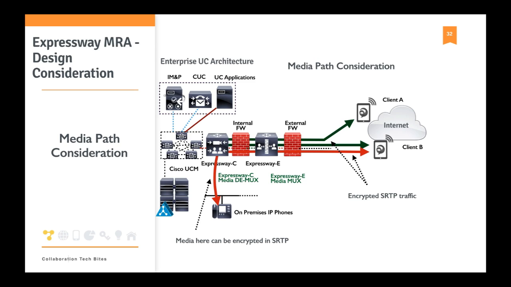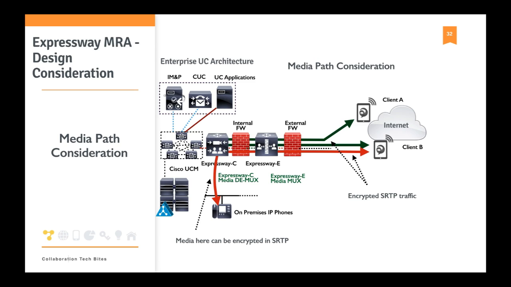So whether you are communicating between a client outside on the internet, using Expressway, and an IP phone or a Jabber within the network, calls will always be anchored through Expressway C. Or if you are talking to another client that is also registered through Expressway E and C, the media will be anchored as well through Expressway C.